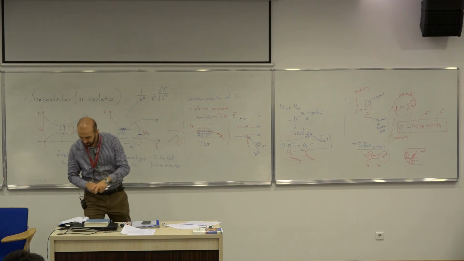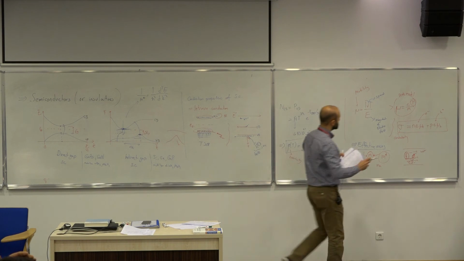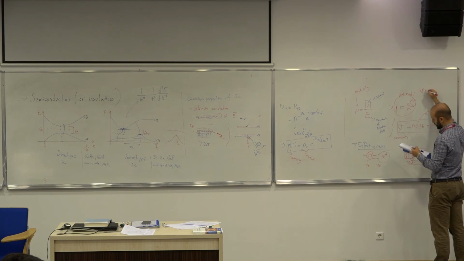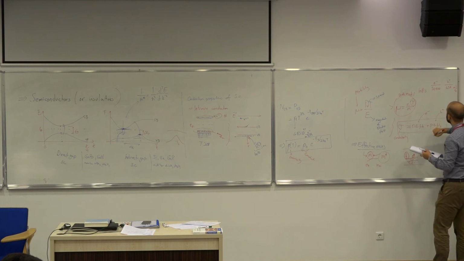Thus, you can end up with different mobilities for holes and electrons. And indeed, let me write down a few values for electron and hole mobilities. In the case of indium arsenide, for instance, electron mobility is like 30,000, while the hole mobility is 450 square centimeters divided by volt seconds.